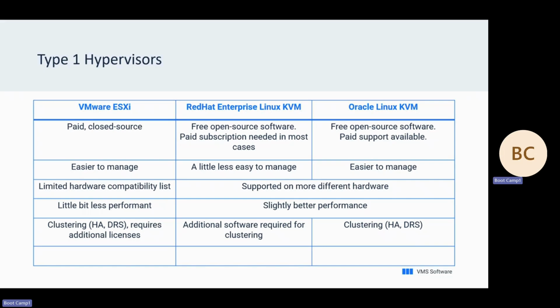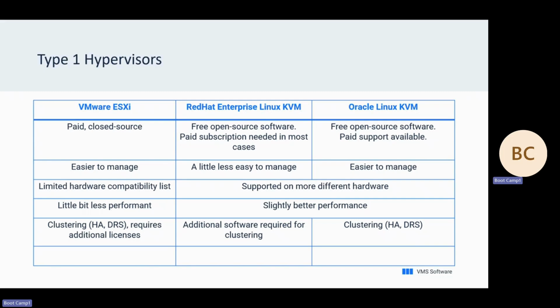Now, for Oracle Linux KVM, there are pretty much no restrictions when you run it without paying for it. You can get a support subscription for it, which is cheaper than the Red Hat subscription, but you don't need it even if you want to run it in a commercial environment. Jared will probably correct me if I'm wrong there.